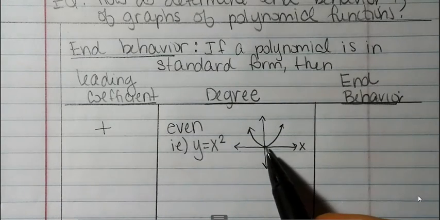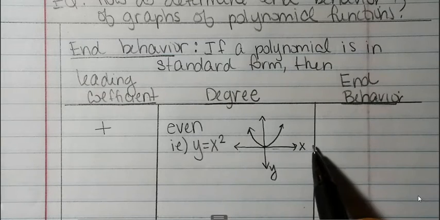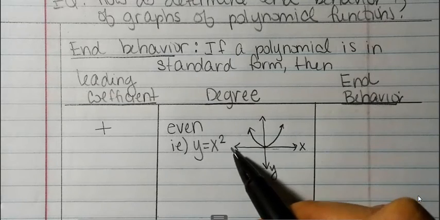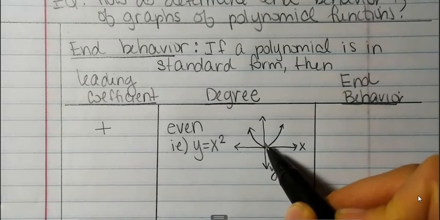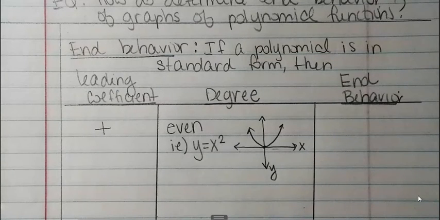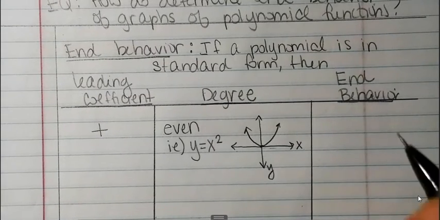So what we can say here is that as x gets big, right, as x increases to the right, so does y. And as x decreases or gets really small, y also grows, right? So now this is going to be kind of crazy notation for you, but just do your best, okay?